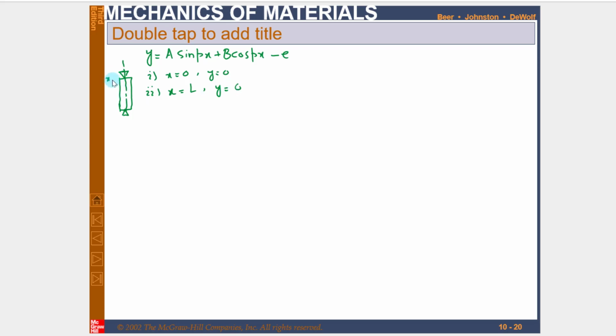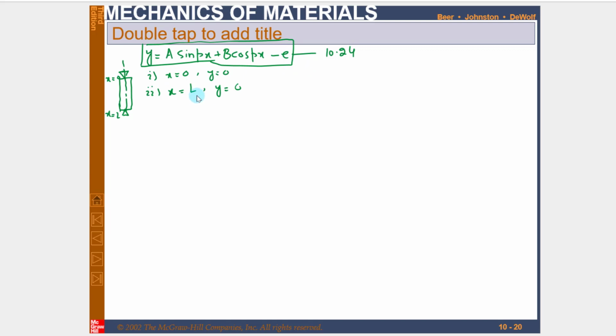So this is x equal to 0 and this is x equal to L. You can put the boundary conditions in this general solution. As per the book, this equation is given as equation 10.24. For your simplicity, I will use the same numbering, so that if you check the book, it will not mess up with this lecture.